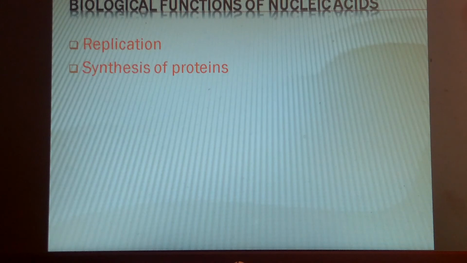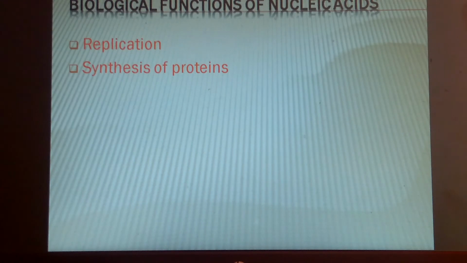After how many adenines or how many cytosines should be present, or how many thymines should be present, it is different from one person to another person. That sequential order of the bases is different. So it is very unique and a miracle that only on the basis of that sequential order, our DNA is going to differ from one another.